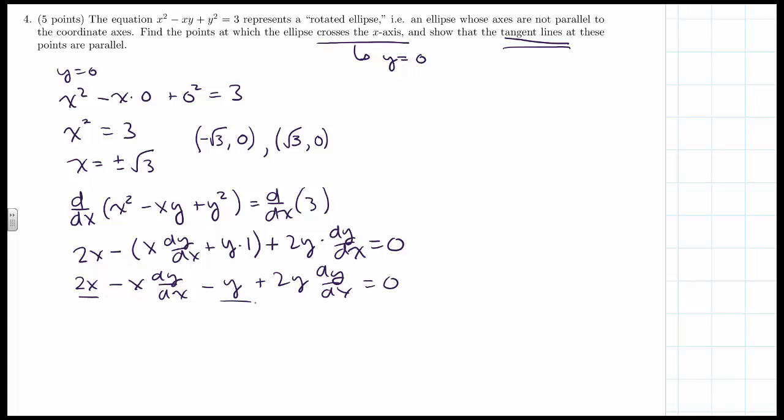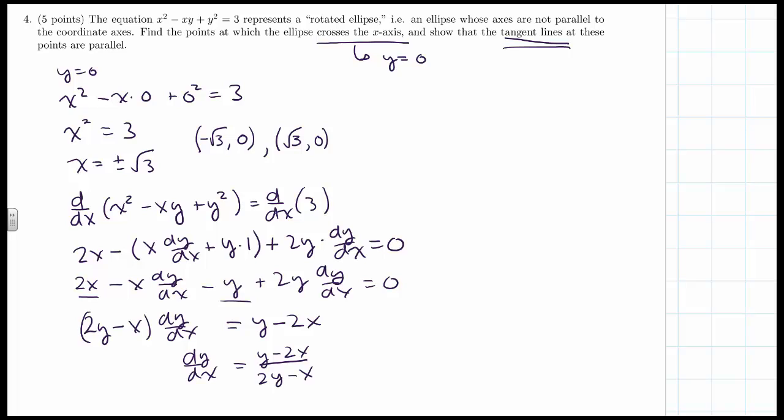So this part and that part are going to go over to the other side, forming a y minus 2x. Let's factor this out, and we get 2y minus x dy dx on that side, or dy dx is equal to y minus 2x over 2y minus x.